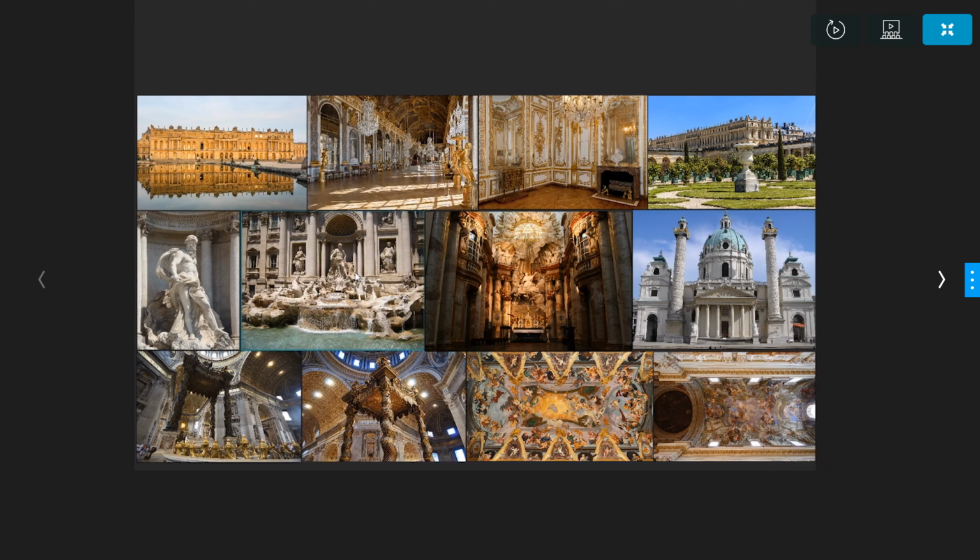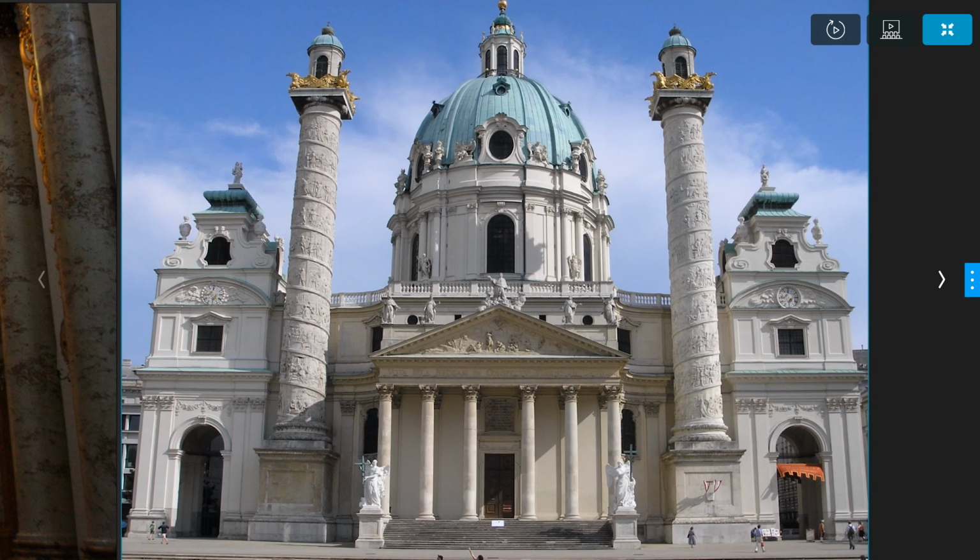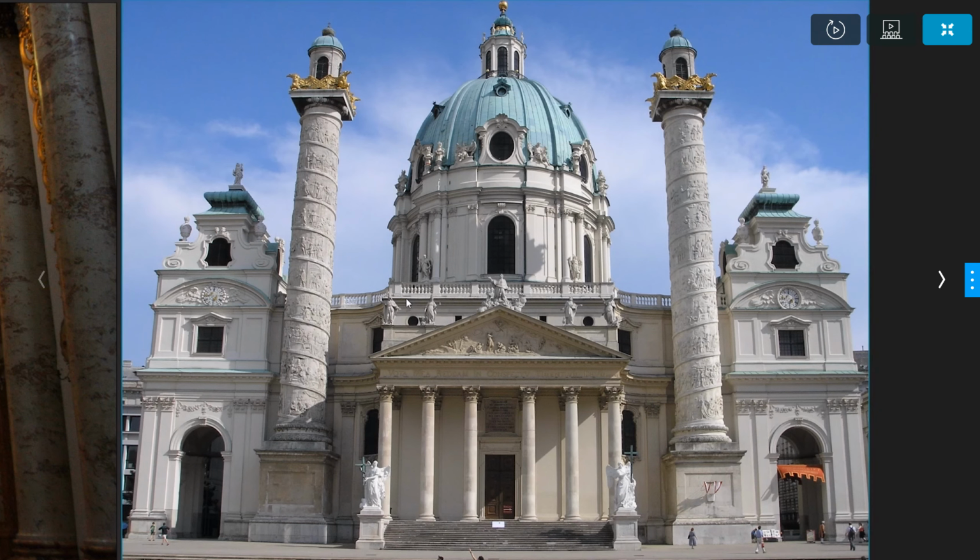When we look at the exterior parts, it's a very similar situation. This example is again Karlskirche in Vienna, and although there's a symmetry to the construction itself, we still have a lot of sculptures decorating the whole environment, and there is some asymmetry going on.